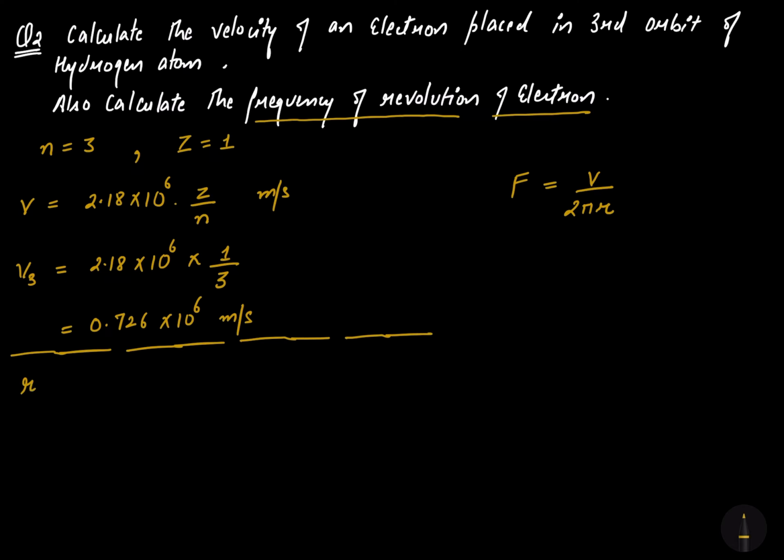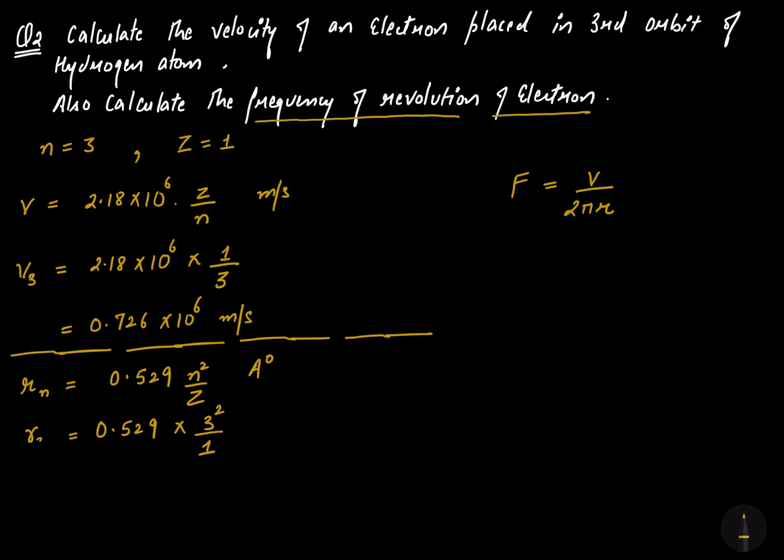The radius of nth orbit is 0.529 n square by z, in angstroms. This comes out to be 0.529 times 3 square, where the orbit number is 3, divided by the atomic number, which is 1.